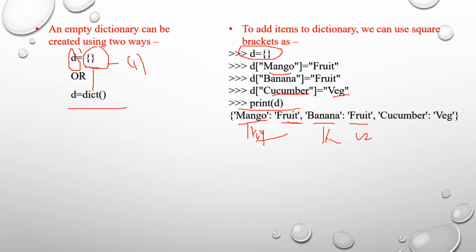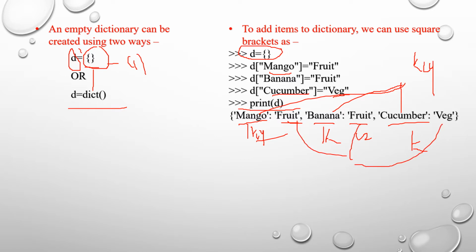The next item is cucumber, where cucumber is the key and veg is the value. So here mango, banana and cucumber are the keys, and fruit and veg are the values. This is the syntax for creating dictionaries.